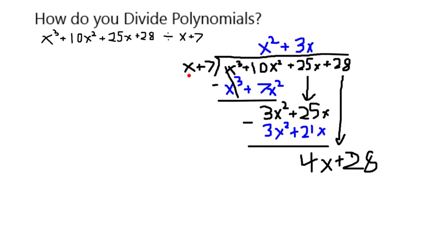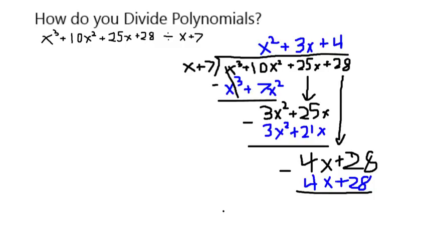And I want to know how many times does x plus 7 go into that 4x plus 28. Well, x is going to go into 4x 4 times. So up in my quotient, I'm going to have now plus 4. And when I multiply 4 times x plus 7, this is going to work out nicely, 4x, and 4 times 7 is 28, so it's going to be 4x plus 28.